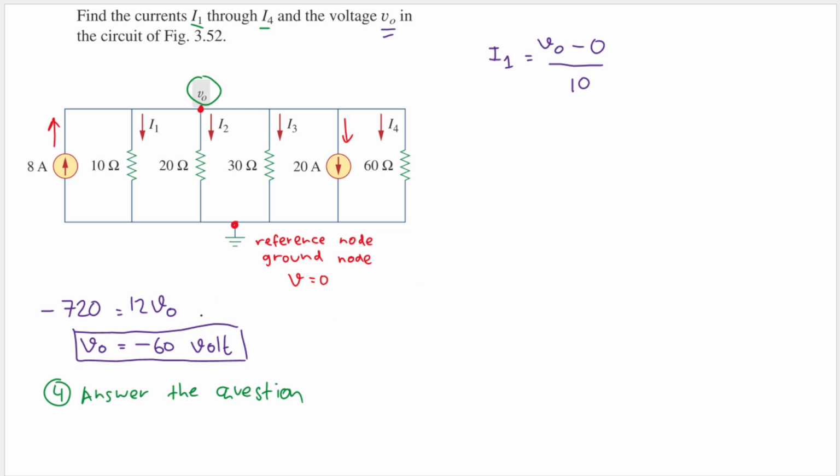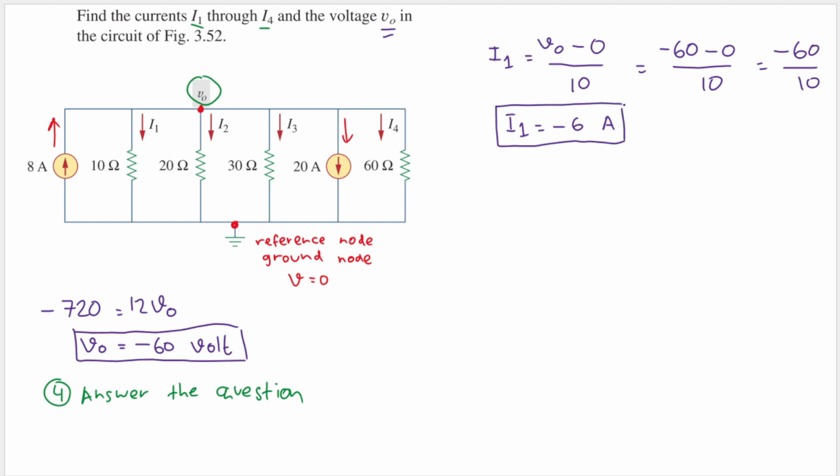We know that V0 is minus 60, so let's plug that in. Minus 60 over 10, and therefore I1 is equal to minus 6 ampere. Put this into a box, and that is the value of I1.